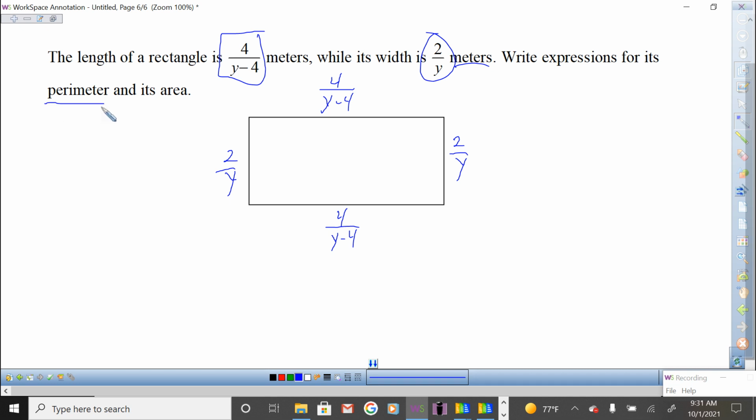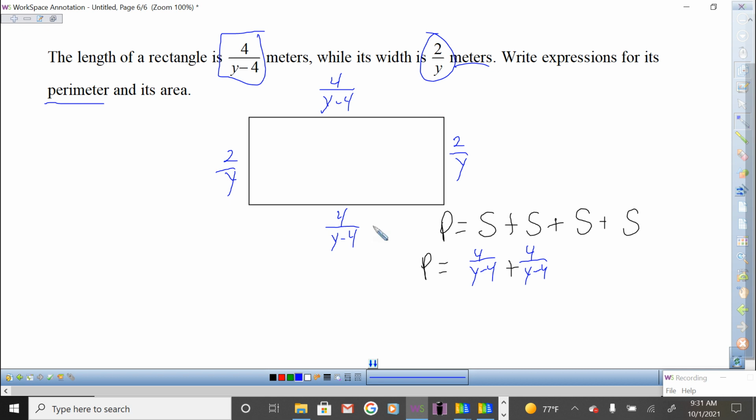Perimeter. So how do we find the perimeter of any figure, people? We do perimeter equals side, plus side, plus side, plus side. As many sides as the figure has, right? So I'm going to start slow, and I'm going to use first two sides, yes? So I'm going to start with these. So I'm going to write 4 over y minus 4 and 4 over y minus 4.